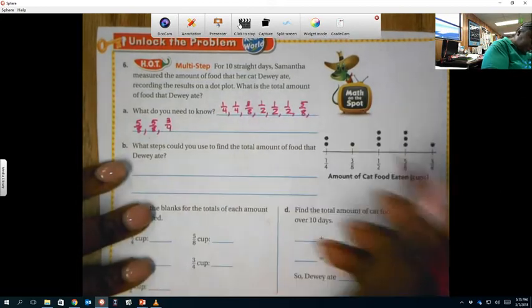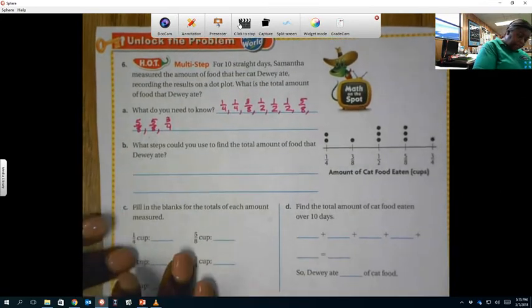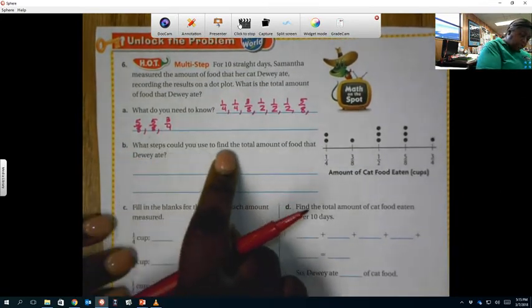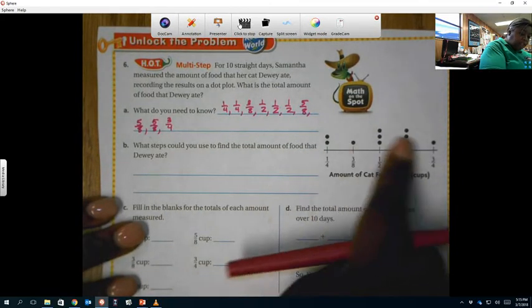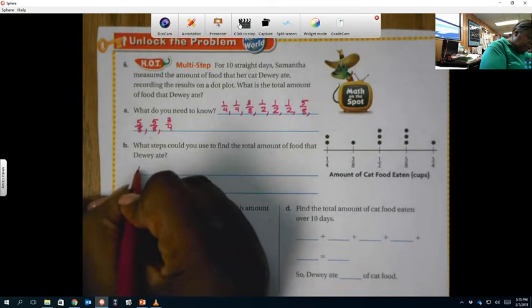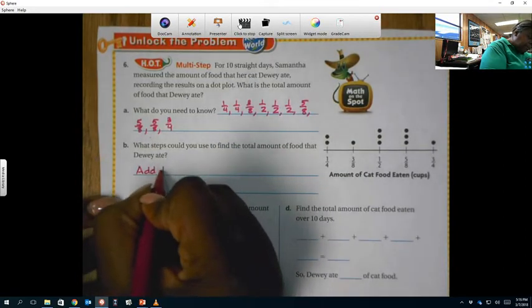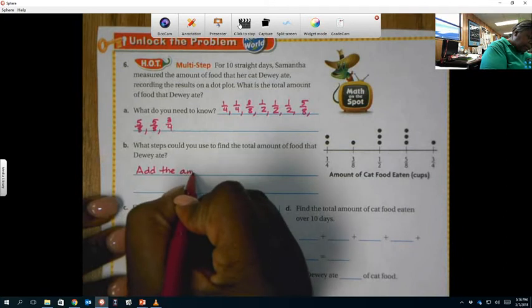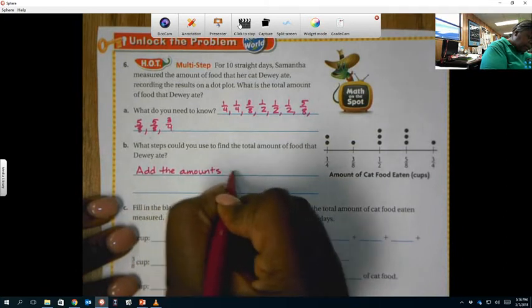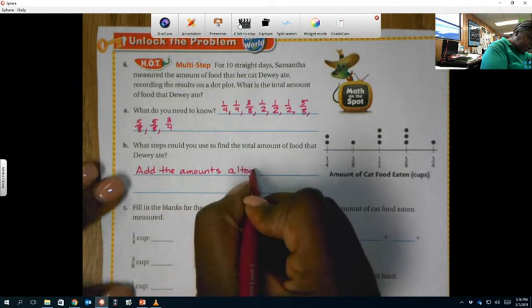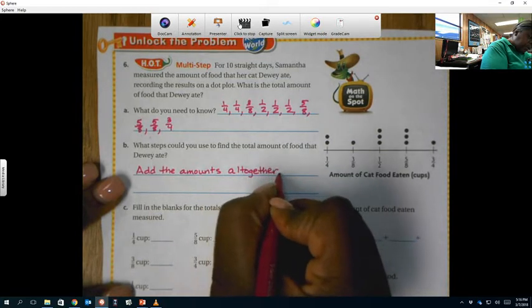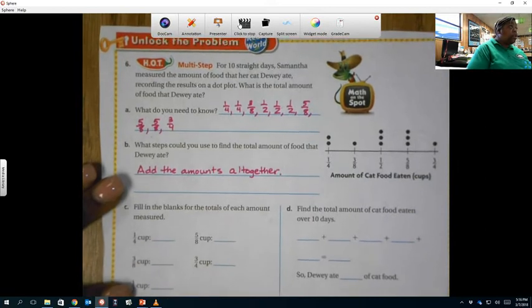So I need to know the amount he ate each time. What steps could you use to find the total amount of food that Dewey ate? Well, if I wanted to find the total amount he ate, I would need to add the amounts all together. So let's do that.